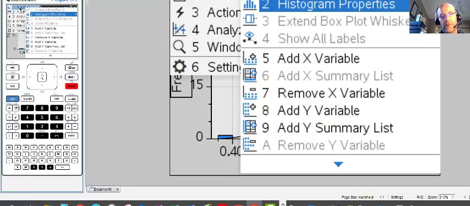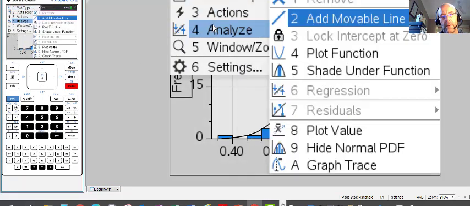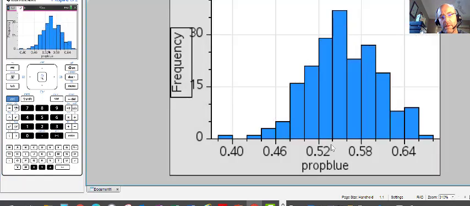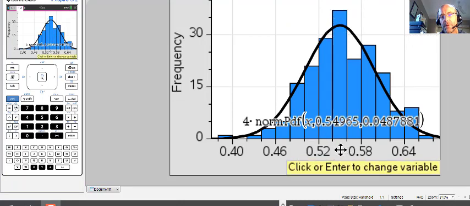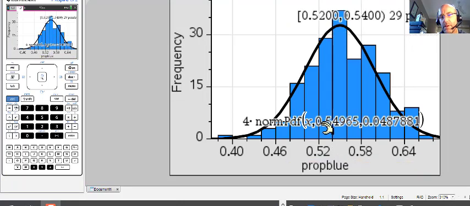We've got to go to analyze, try again. Now note the values down there. So we've got the mean and the standard deviation there. The mean is about 0.55 where the cursor is, and the standard deviation is about 0.049.